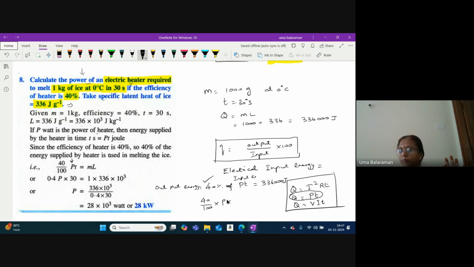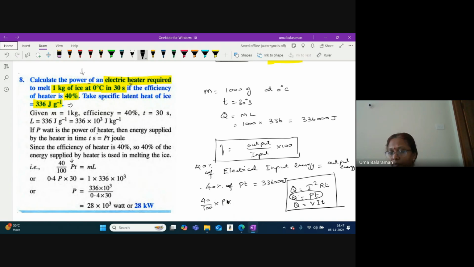If you want, you can write like this: 40% of electrical input energy is output energy, and that output energy is 336000. So 40% of input energy is 336000.